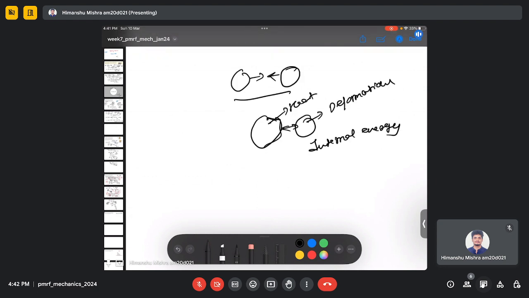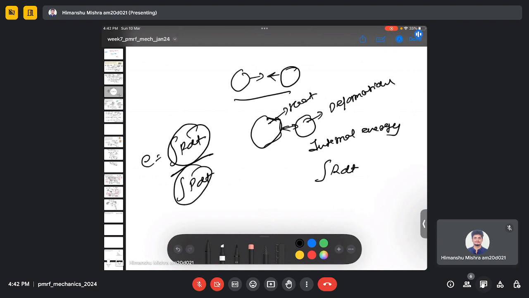Now when you use the conservation of energy, it is very difficult to calculate the force which depends on time. For example, the coefficient of restitution can be defined in terms of restitution force divided by deformation force. You cannot actually calculate these forces when you use the conservation of energy.